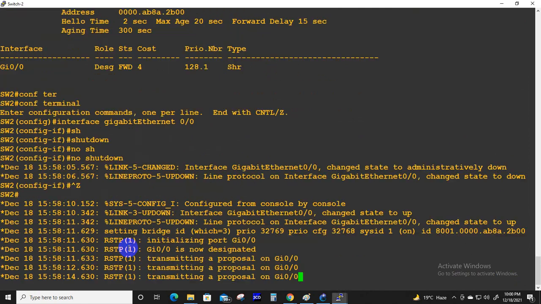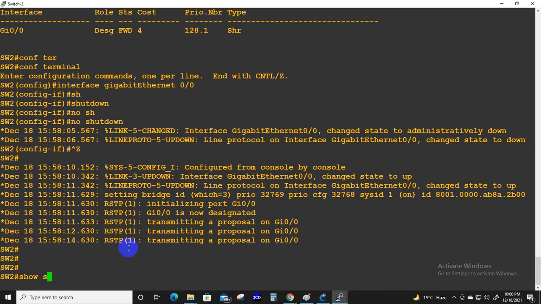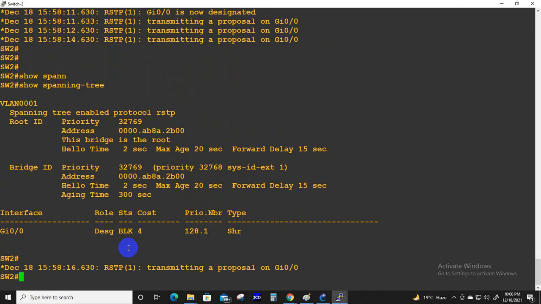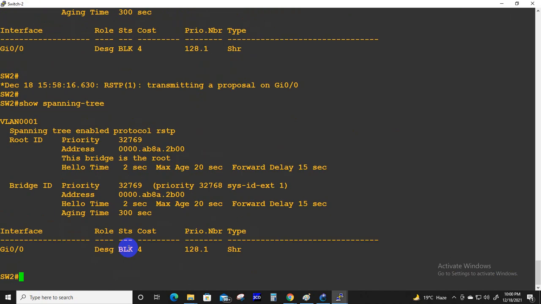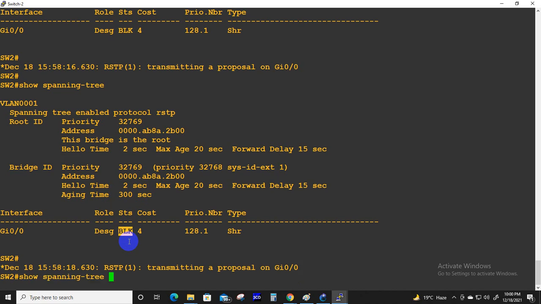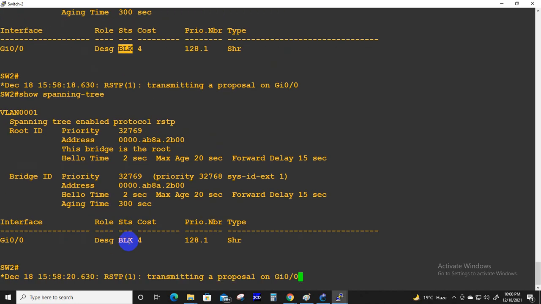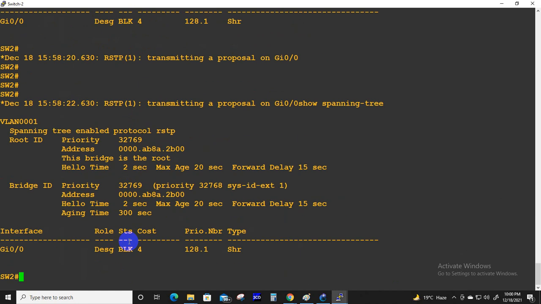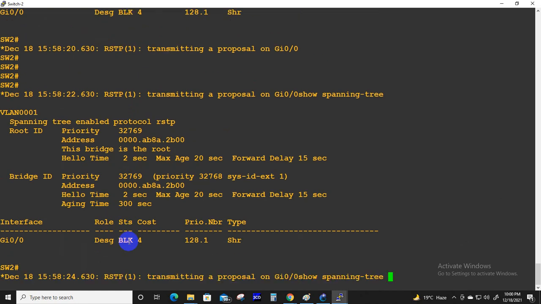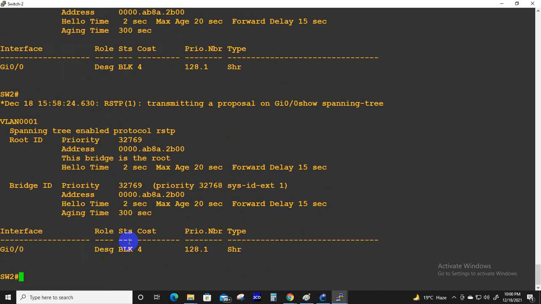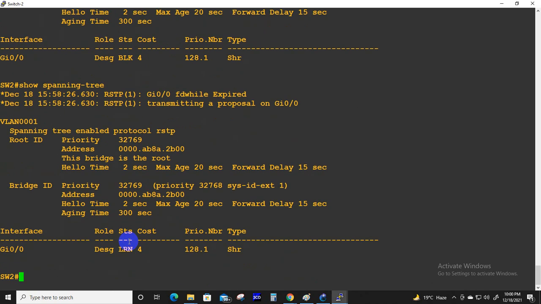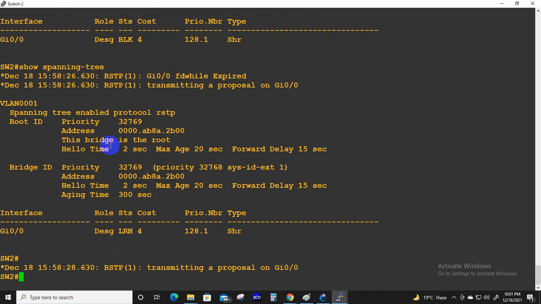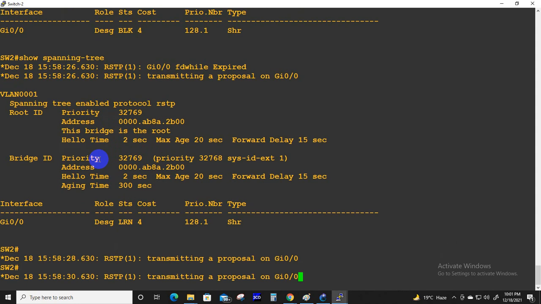It immediately moves to forwarding state. Show spanning-tree. It is in blocking state still now. Now it is in learning state. Okay.